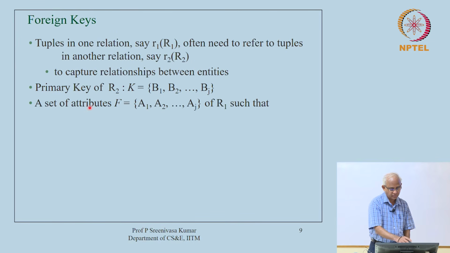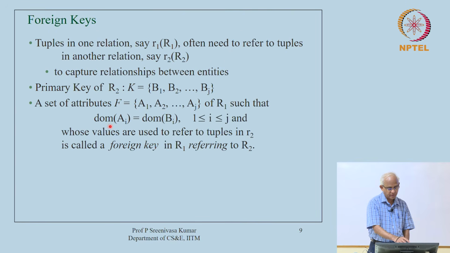Then we will define a set of attributes F of R1, which are A1 through Aj, the same number of attributes, but their names may be different, which satisfy these conditions: the domain of Ai is the same as the domain of Bi, corresponding domains are the same, and the values of these attributes are what we will use in order to refer to tuples in R2.